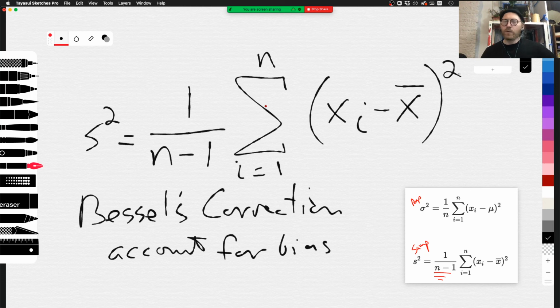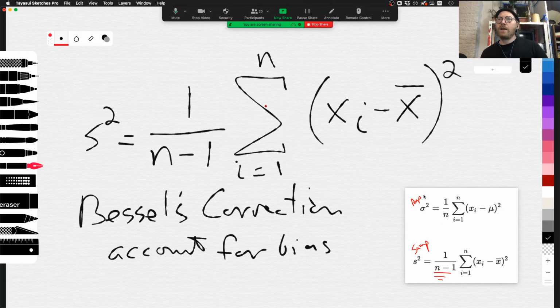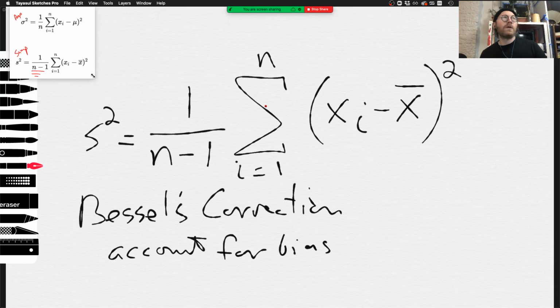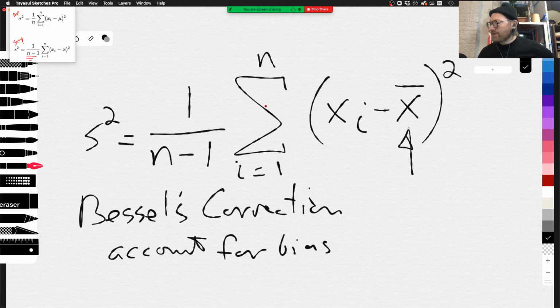So if you take a sample, you're going to get x bar. And you're going to do your best to have a representative sample in order to have an x bar that best approximates the population parameter mu. So our hope is that x bar is doing great, that we hit it on the nose.